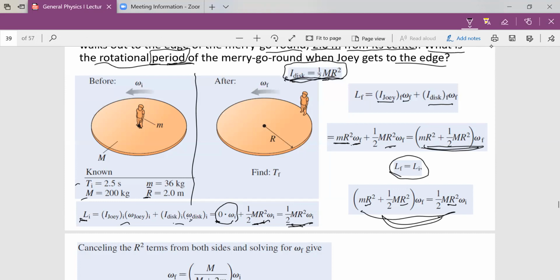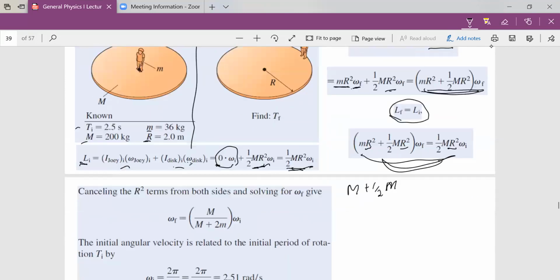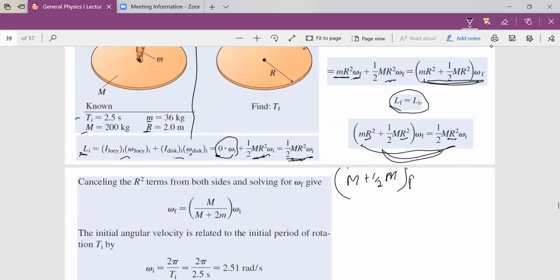So we'll have an expression like (m plus half capital M) big R omega F being equal to capital M R omega I. So we can take off this R. If we cancel out the R and make omega F the subject of formula, we'll arrive at this.